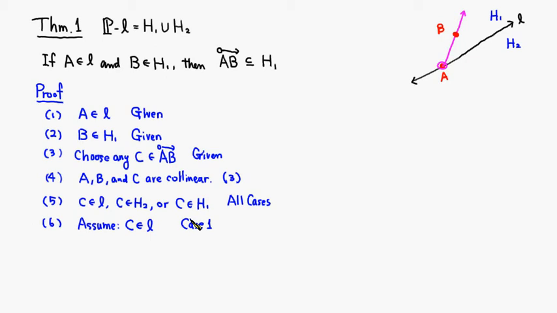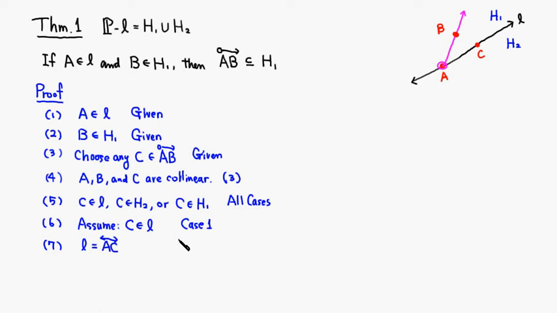If you draw a picture, C is going to be sitting right here. We know that A is on the line and C is on the line, so line 7: if A and C are on the line, the line L can be determined by A and C. So the line L is really the same thing as line AC.